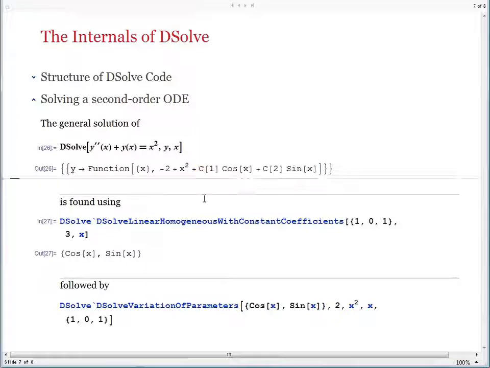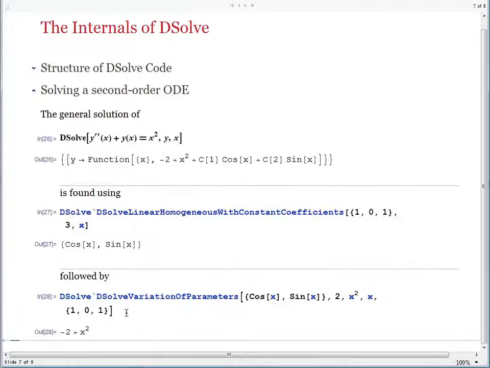And then we use these two components of the general solution at the next step, along with the right hand side x square from here, and then we apply the method of variation of parameters to give back the particular solution x square minus 2, which corresponds to the inhomogeneous part of the equation. So as you can see, DSolve works in much the same way as you would do by hand, except, like I said, it has many sophisticated algorithms built into it.